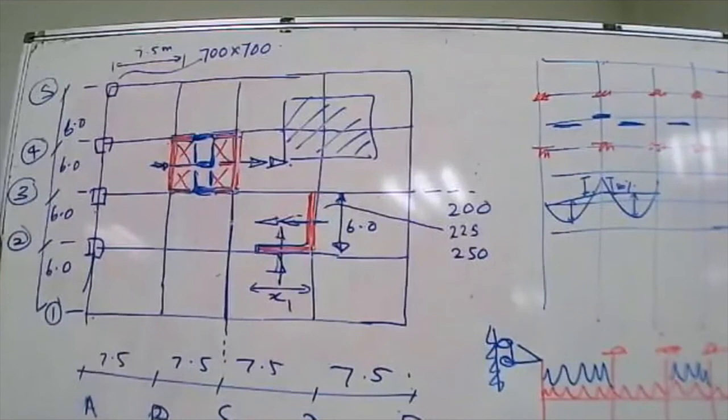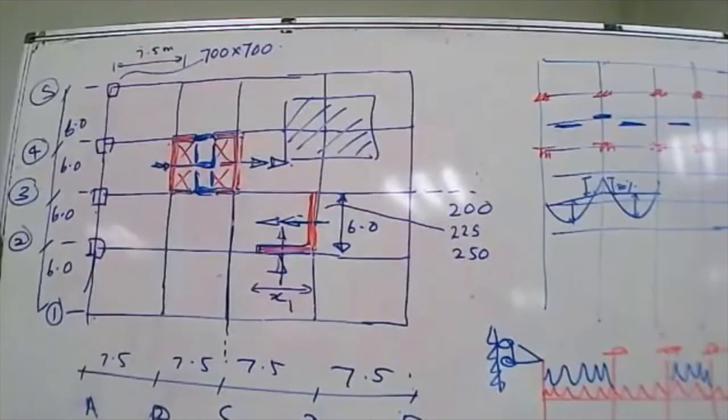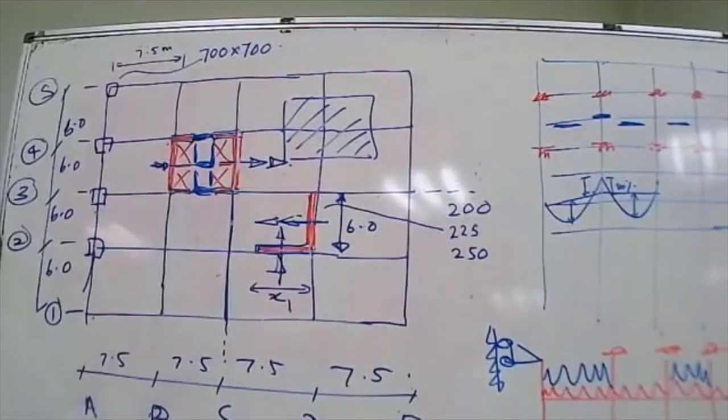After that, once you sort the problem out, you can go for a computer model and do the proper calculations. But the important thing is to understand how structures behave. So with that, shall we conclude?